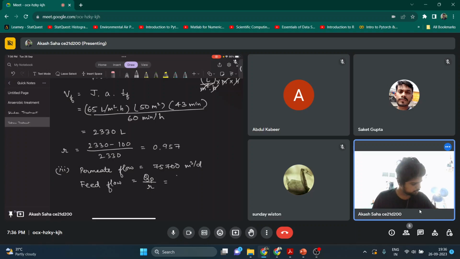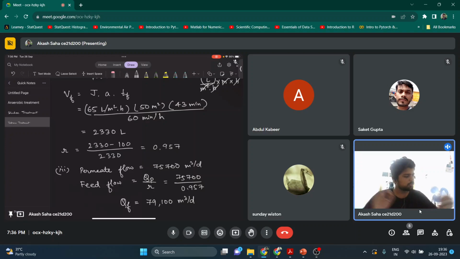So it will be 75700 divided by 0.957. So my feed flow QF will be equal to 79,100 meter cube per day. Is it fine? So this is my feed flow.